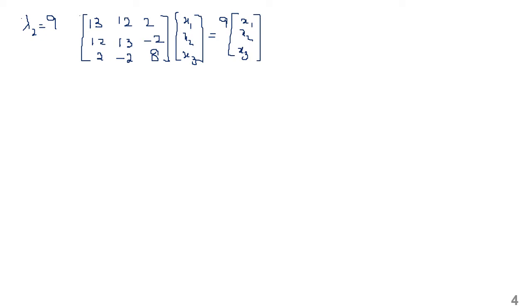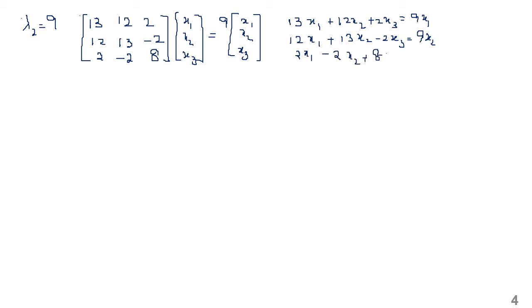So we get three equations. Three equations are 13x1 plus 12x2 plus 2x3 is equal to 9x1. Second one is 12x1 plus 13x2 minus 2x3 is equal to 9x2. It is 2x1 minus 2x2 plus 8x3 is equal to 9x3.